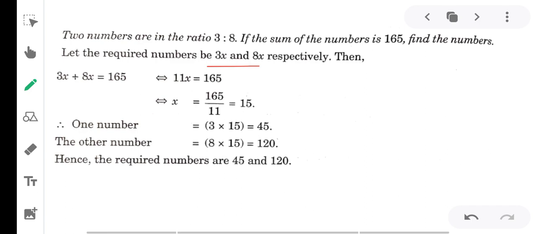According to the question, the sum of the numbers is 165, that means 3x plus 8x equals 165. So 3x plus 8x is 11x equals 165. Then x will be 165 divided by 11, that is 15.